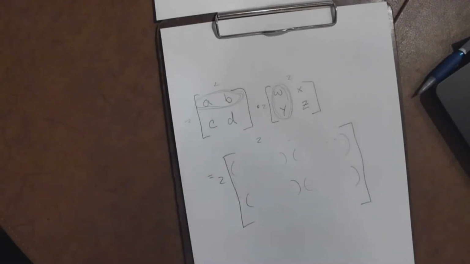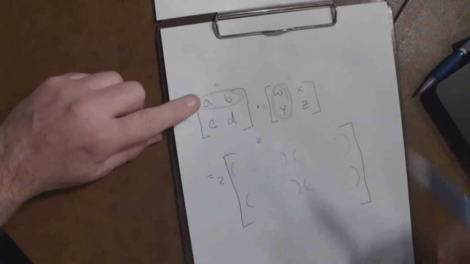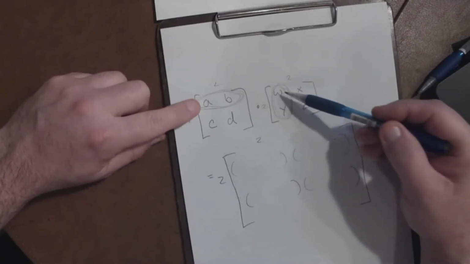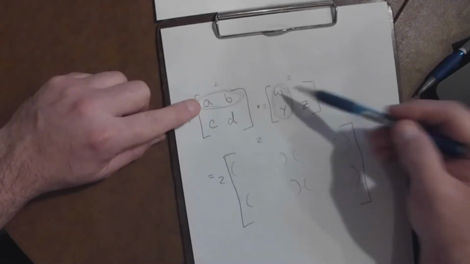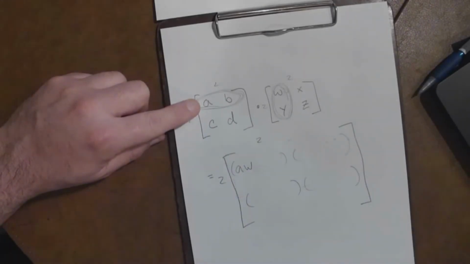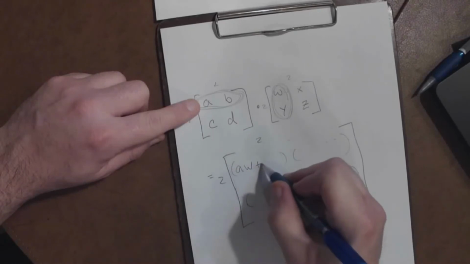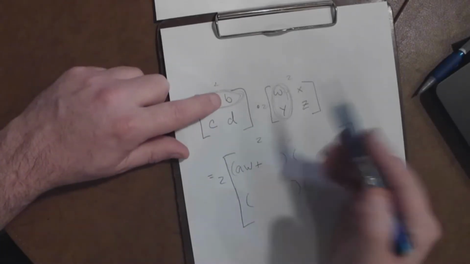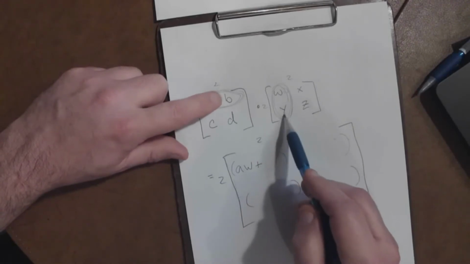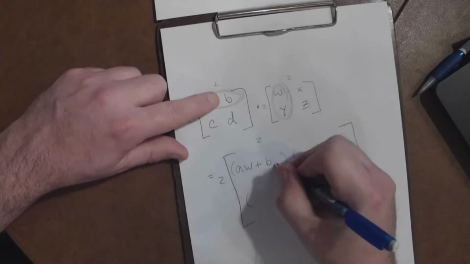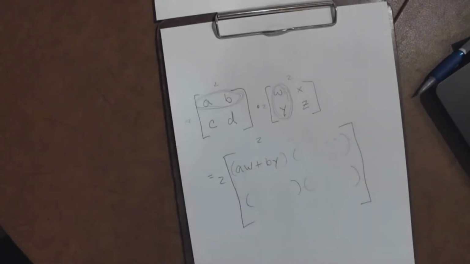In a row-column multiplication, which is even a little misleading, what we are actually going to do is take the first component of this row and multiply it by the first component of this column, A times W, and add that to the second component of this first row times the second component of this first column, which would be B times Y in value.